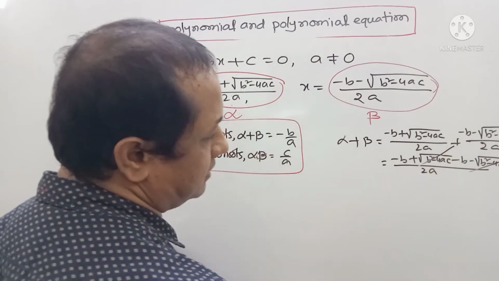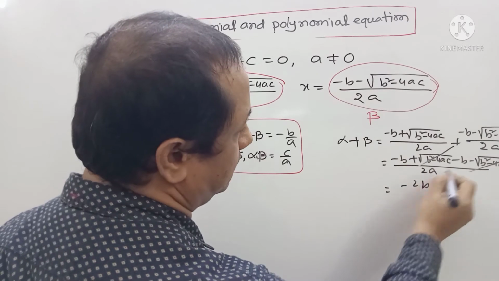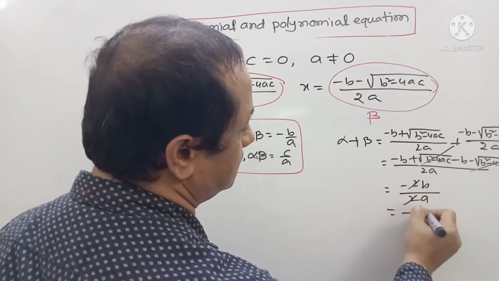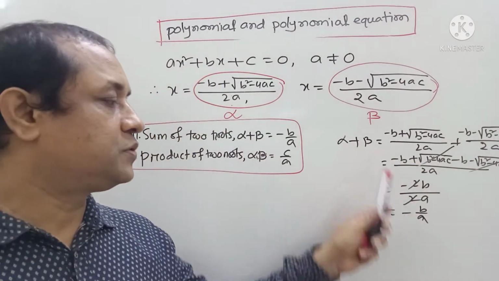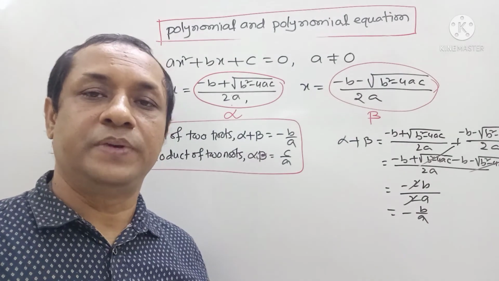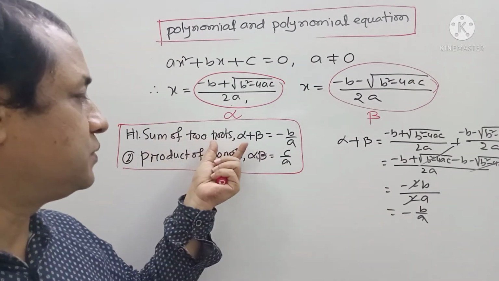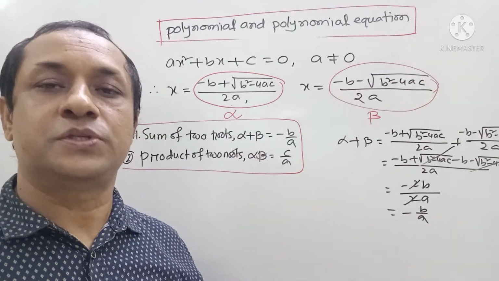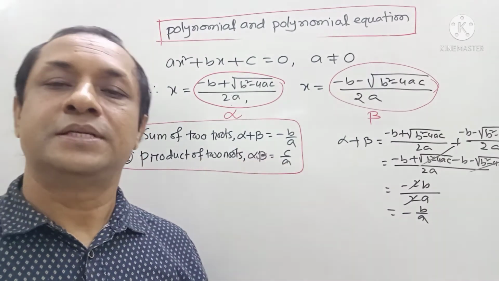Here the roots cancel, so we get minus 2b by 2a, the 2 cancels, so minus b by a. So the sum of two roots equals minus b by a. Similarly we can prove that the product of two roots equals c by a.